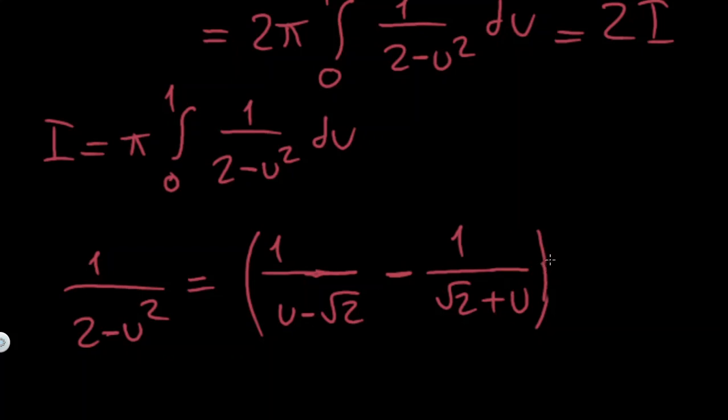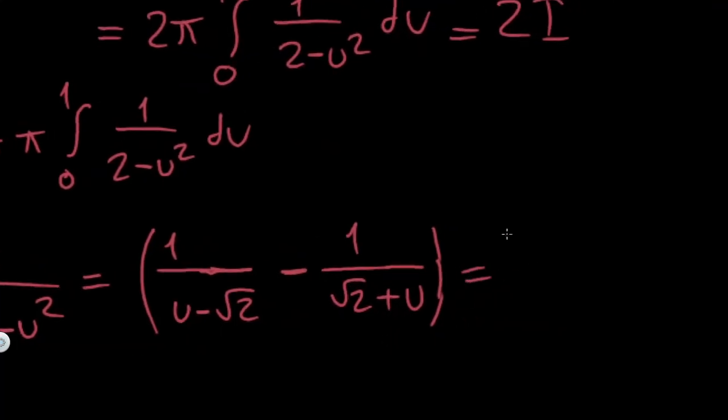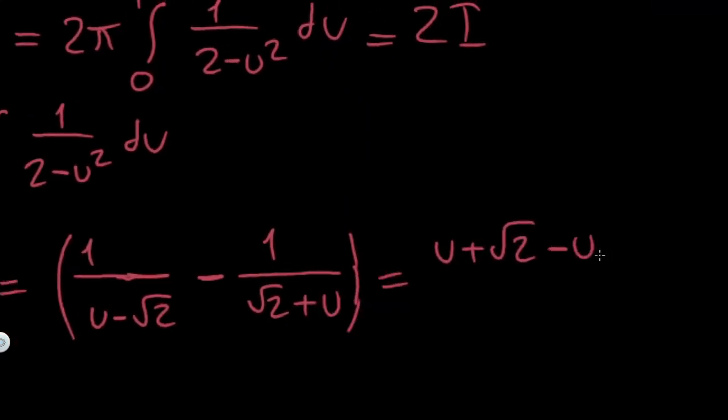And let's see, can I find such a constant now? So if I multiply this thing by u plus square root of 2, this will give me u plus square root of 2, and I will get minus u plus square root of 2. So I will have 2 square root of 2 at the top part. And now I can just delete this part.